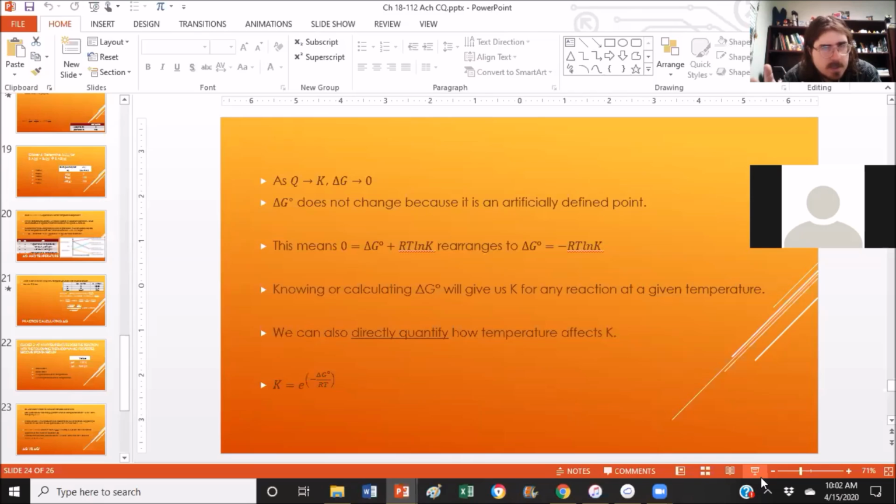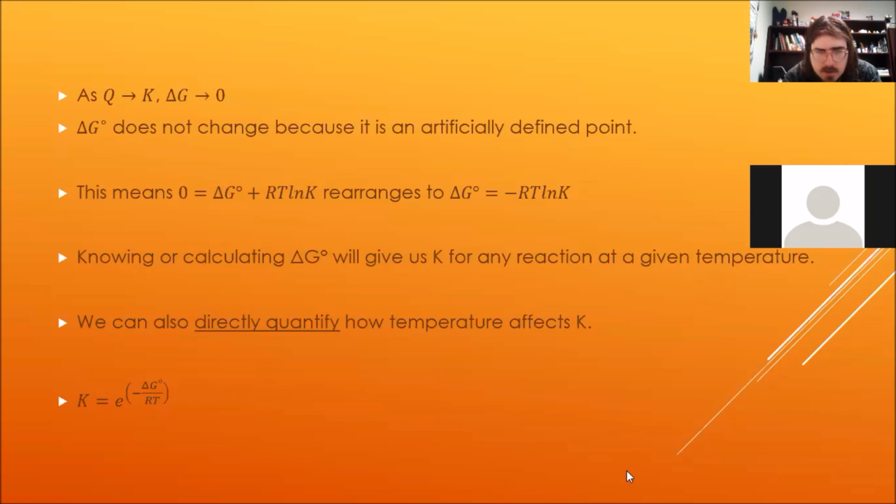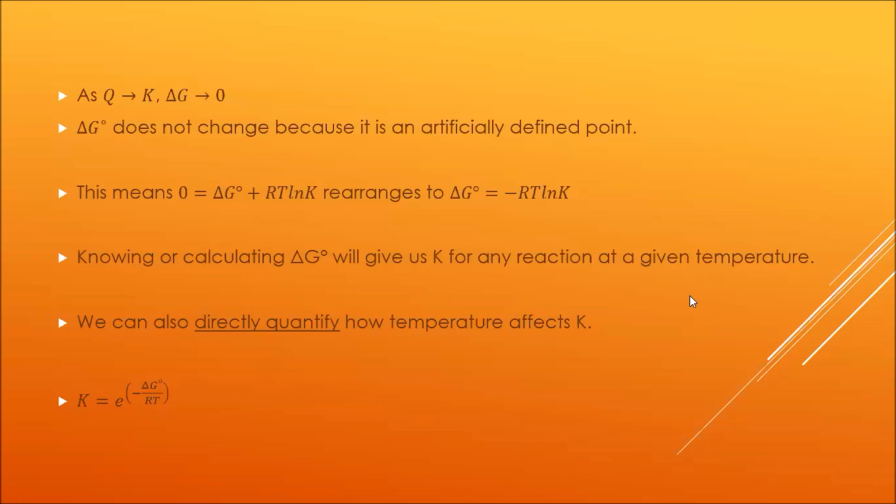So remember that we first talked about kinetics. Kinetics is the rate at which a reaction goes. Then we moved on to equilibrium, where you're looking at the speed of the forward reaction versus the speed of the reverse reaction.